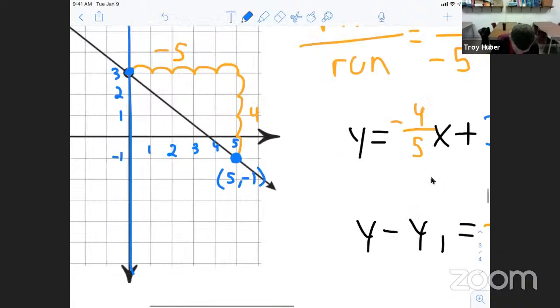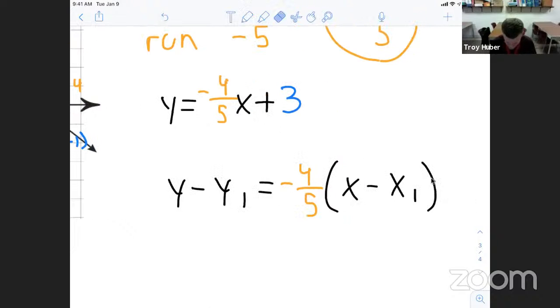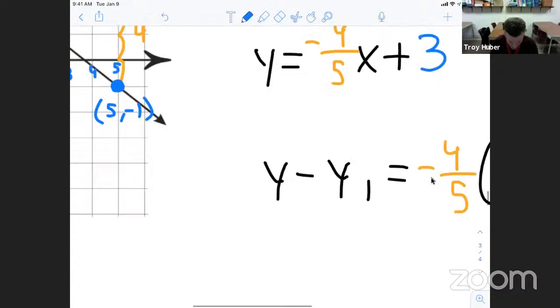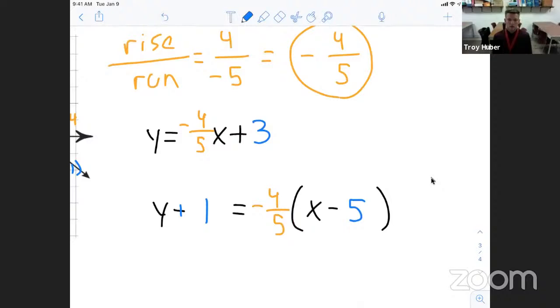So I could say, okay, 5 is my x value, so I'm going to make it -5. And -1 is my y value, so I would make this +1. Okay, so these would be your two options for this equation. Either of these equations would work.